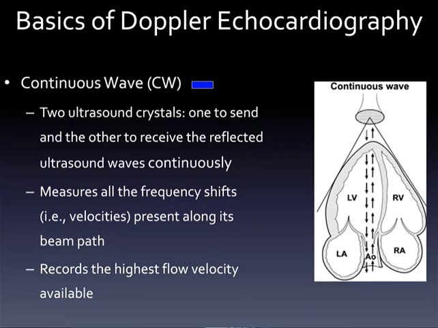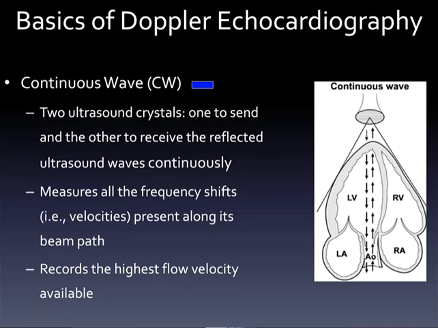So in this case, you're not going to be able to get specific information about where that velocity is coming from. You are going to get the highest velocity. And that ends up becoming important in disease processes like aortic stenosis, for instance, or if there's a supravalvular stenosis. You want to get the highest registered velocity to see how bad the gradients actually are.